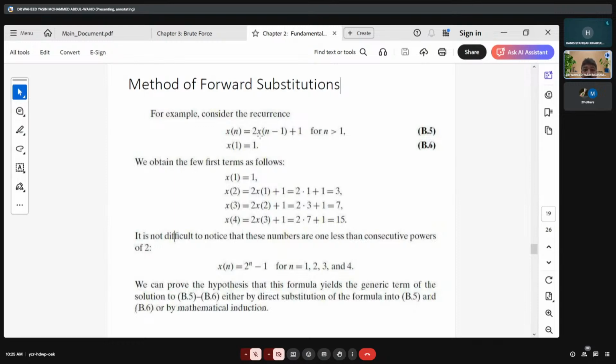Because here we have 2xn minus 1, so here 2x2 plus 1. Here x4 equals 2x3 plus 1, because here it is n minus 1. So if we notice, here 2xn minus 1 plus 1, for 2 we call x1, for 3 we call x2, for 4 we call x3.